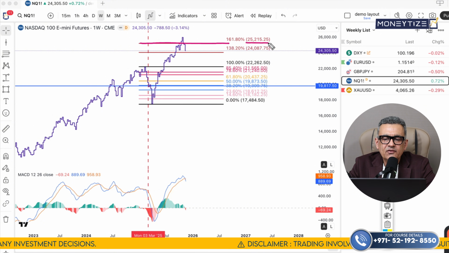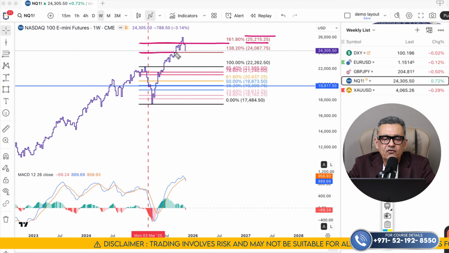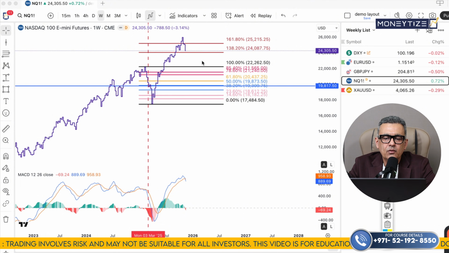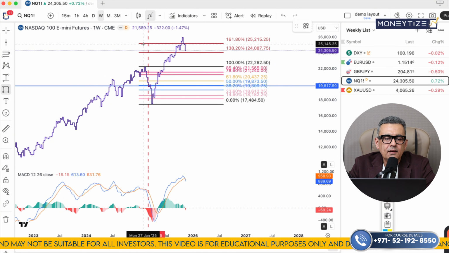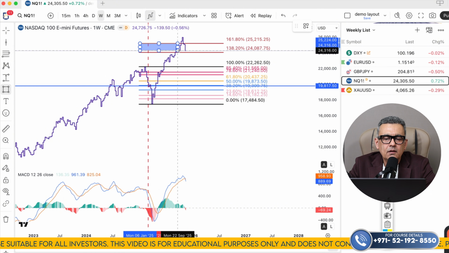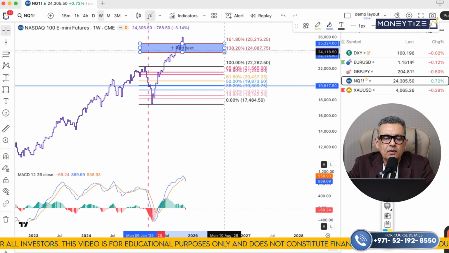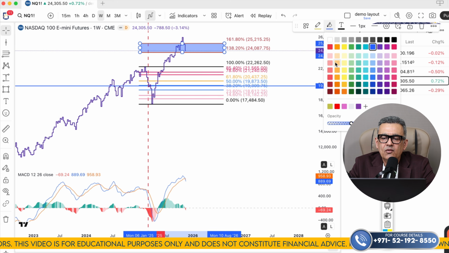So 25,215 is a very strong resistance area. And the next area of fib support is at 138.2. So 24,087 is the local support now. So currently, NASDAQ is stuck in between resistance and support on the fib levels.